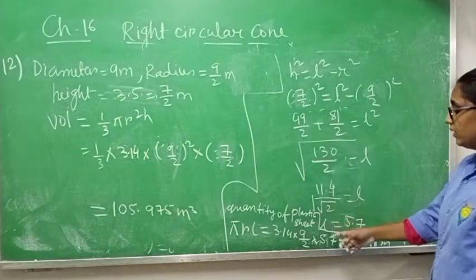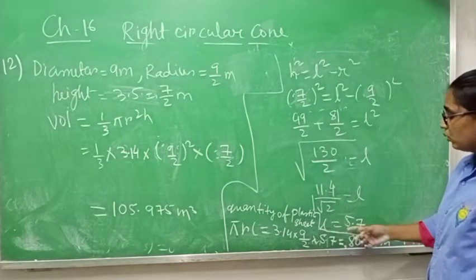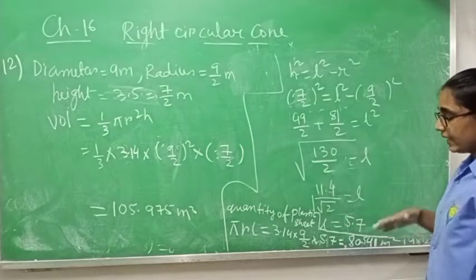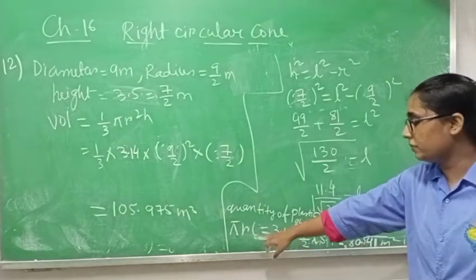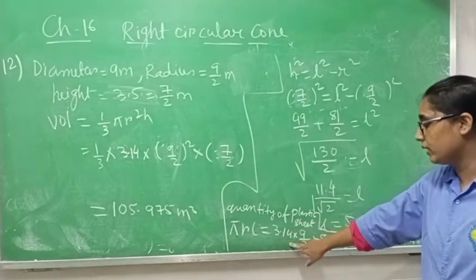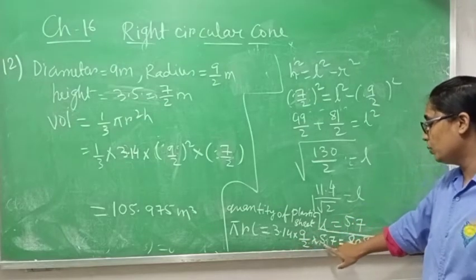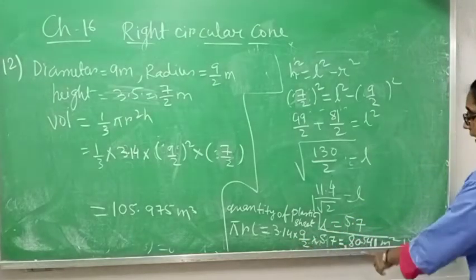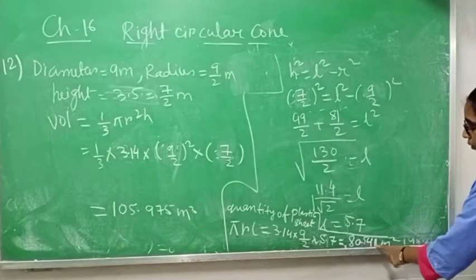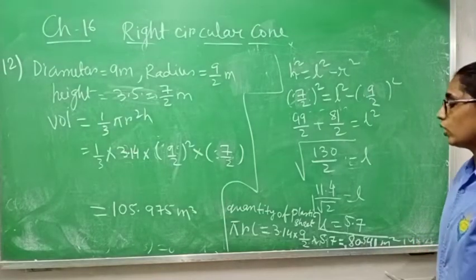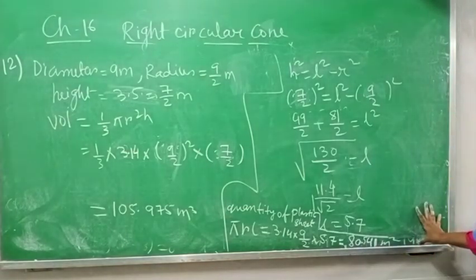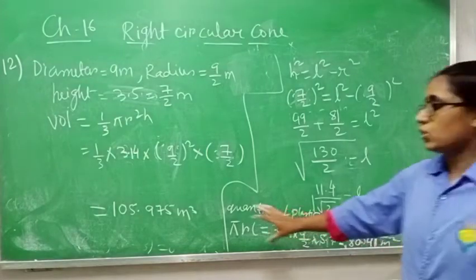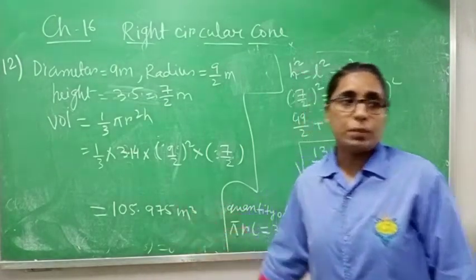So you can put it here and you will solve, you will get L value 5.7. When you will get L value, you can put in place of pi r L which is 3.14 into 9 by 2 into 5.7. You will get 80.541 meter square. So this is the quantity of plastic sheet required to cover, and this is your volume. Okay, copy this one.